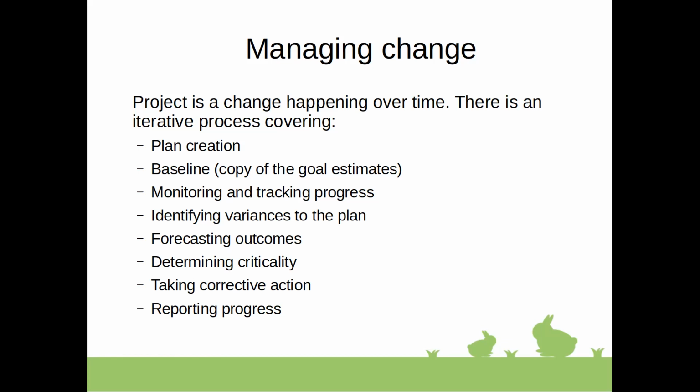Then, based on these variances, you forecast future outcomes, determine the critical path to achieving project goals based on forecasted outcomes, and if necessary, you take corrective actions to decrease deviation from the baseline of the project and report the progress based on all those activities.